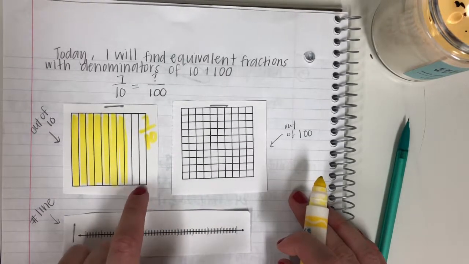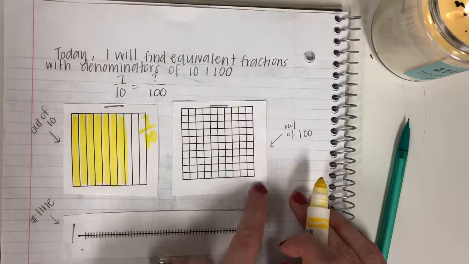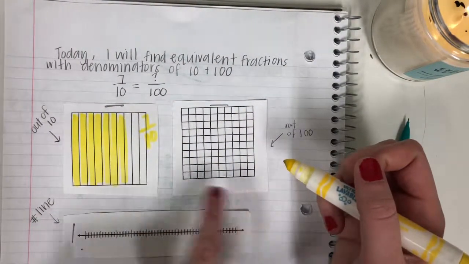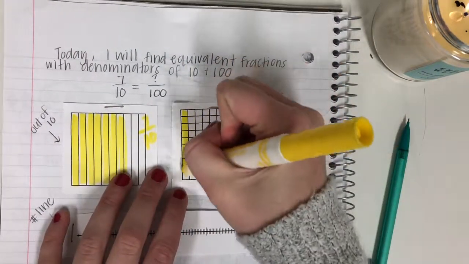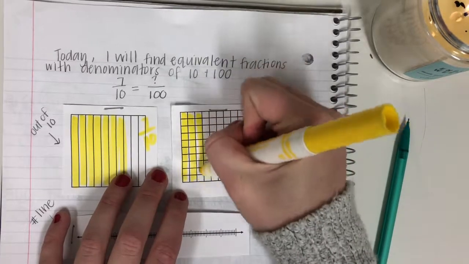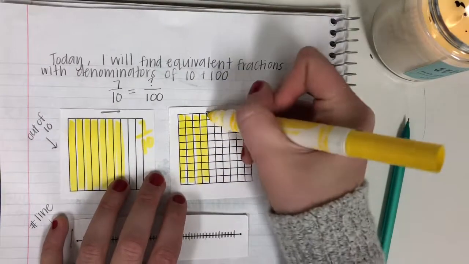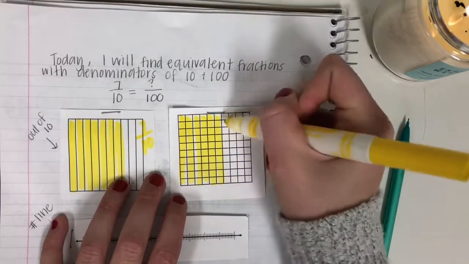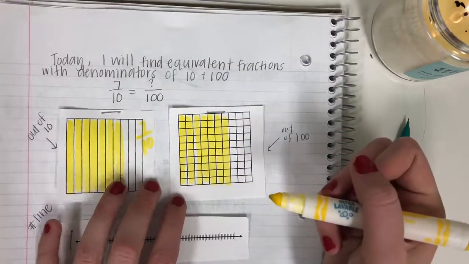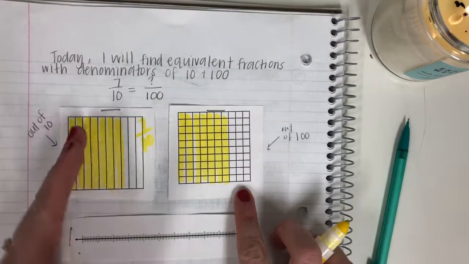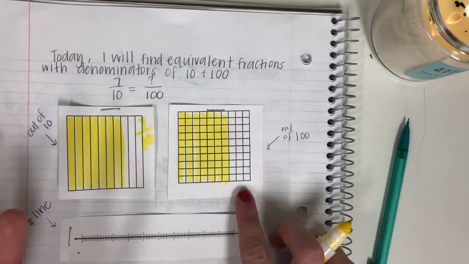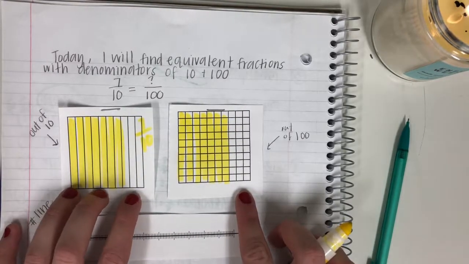So I have 1, 2, 3 spaces open. So I'm going to do the same thing. I'm going to shade up 7 lines. So 1, 2, 3, 4, 5, 6, 7. So I have the same amount. These are equal. If you stack them, they would shade the same amount if they were clear or something.